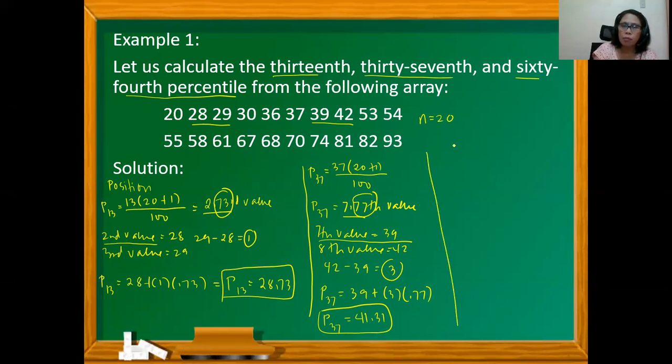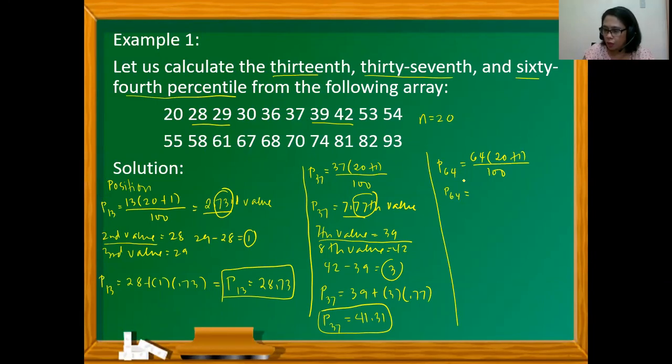So how about P sub 64, or the 64th percentile? So this is 64 times quantity 20 plus 1 all over 100. So we have P sub 64 equal to 64 times 21, then we divide by 100.